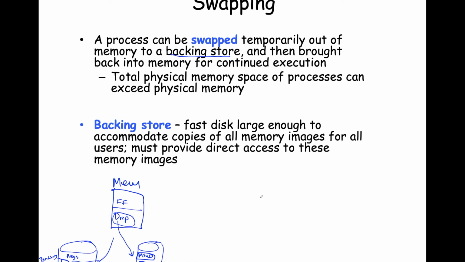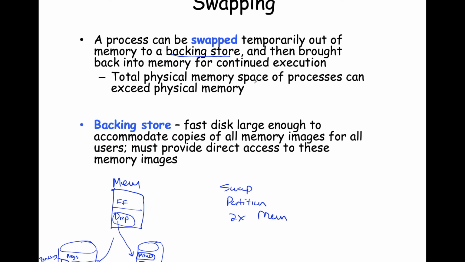And if you ever install a Linux distribution, one of the things that it asks you is to format your swap partition. Now, the rule of thumb is that your swap partition should be 2 times the amount of memory that you have on your system, up to a certain point.